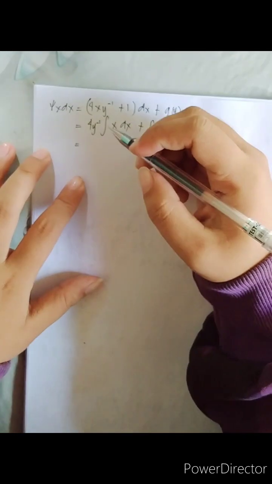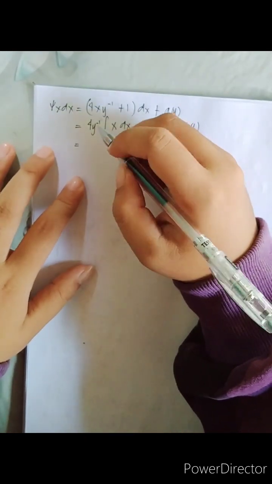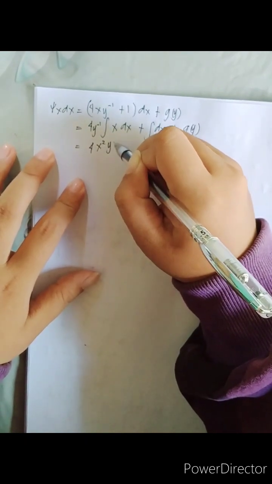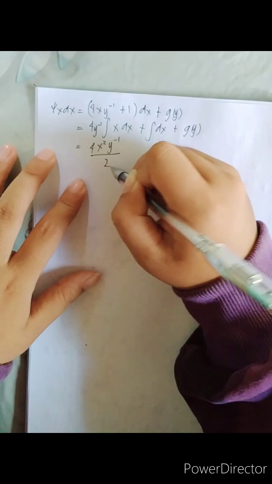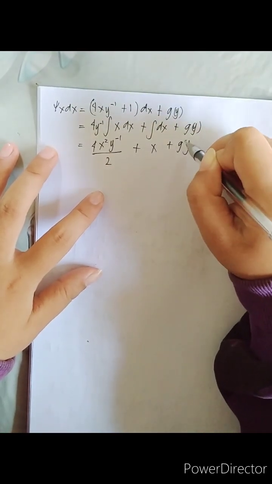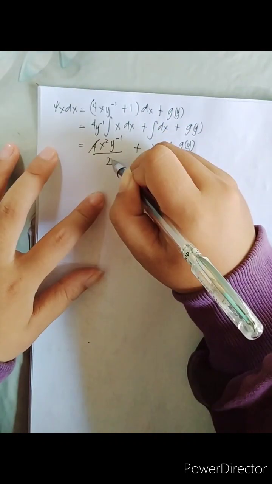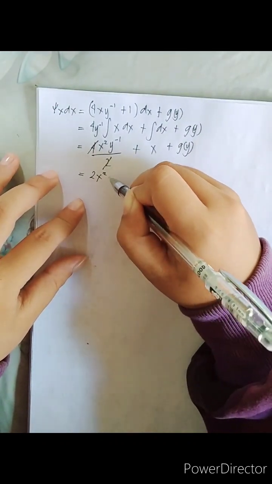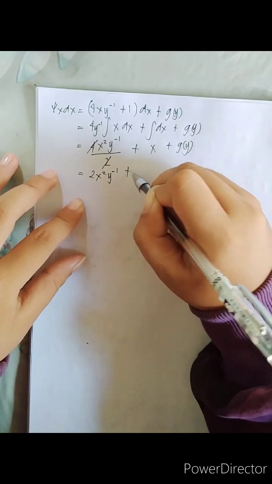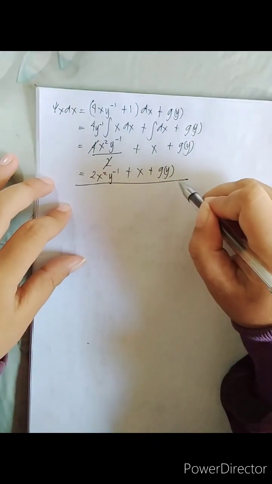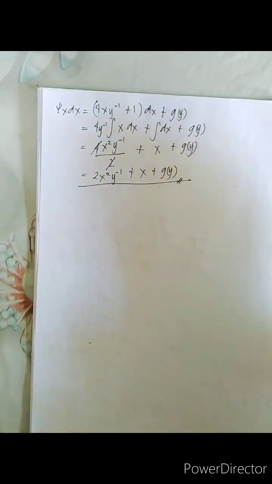So this will be 4x squared y raised to negative 1 over 2 plus x plus g of y. This will be reduced to 2x squared y raised to negative 1 plus x plus g of y. So this is our general solution.